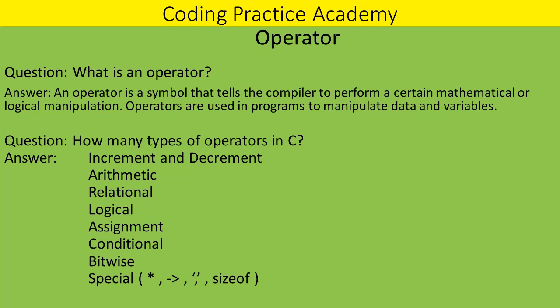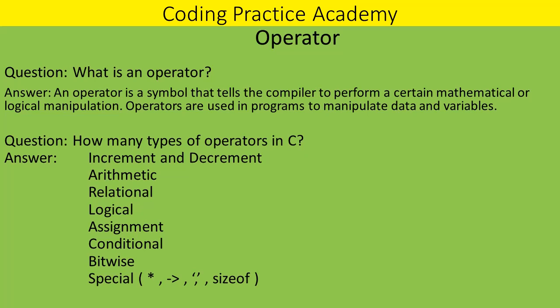When the compiler sees the use of an operator with a variable or data, it starts performing either mathematical or logical operations based on the operator's predefined characteristics. For example, when a compiler sees the use of a plus between two variables, it will add the values of those two variables.